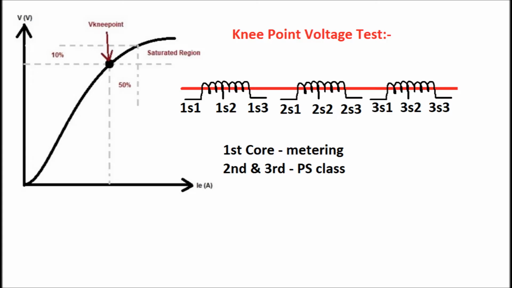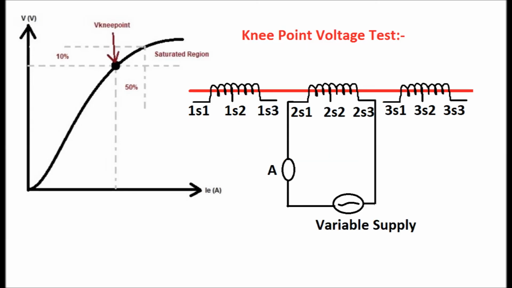When this knee point voltage is reached and the voltage is increased by 10%, it should result in a 50% increase in the excitation current. Then the knee point voltage is satisfied. In this test, we must ensure that the result obtained at the knee point voltage is at par with the nameplate knee point voltage or above it.